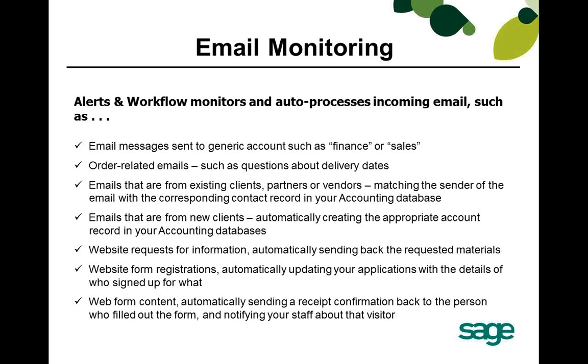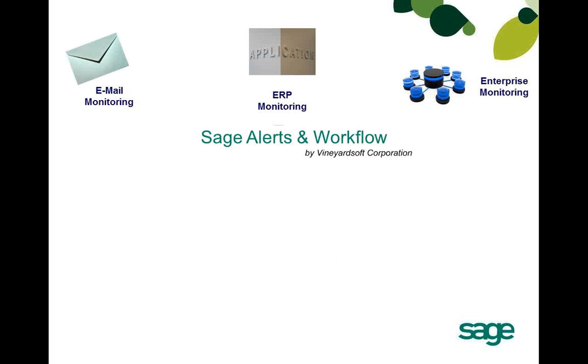If you do, I would ask you to consider whose job is it to monitor those incoming email messages, or are those generic accounts simply places where email messages go to die? Alerts and Workflow can automatically monitor, respond to, and process an unlimited number of incoming email messages that come to your organization.